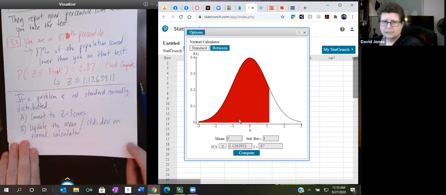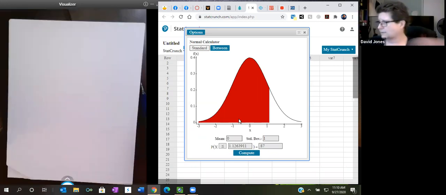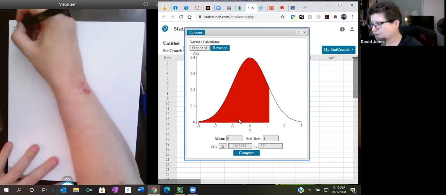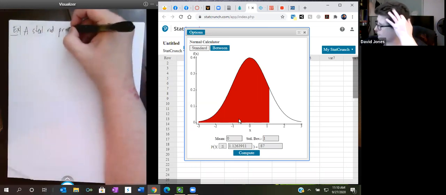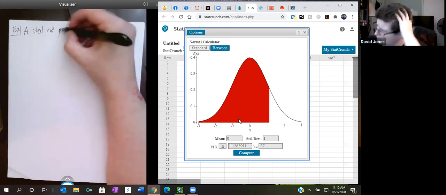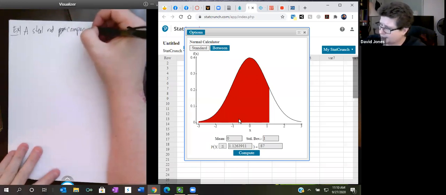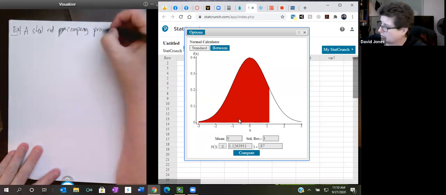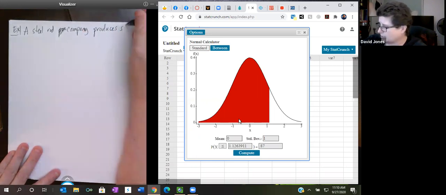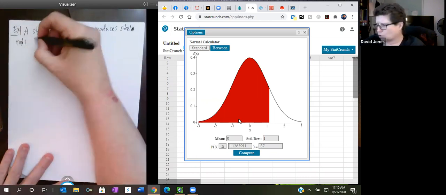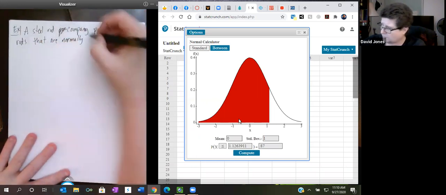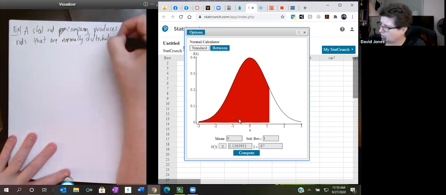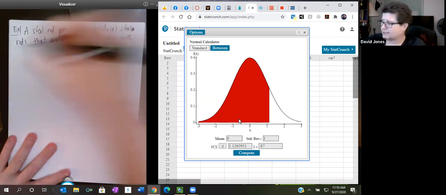Okay. So they might give you something like this. A steel rod company produces steel rods that are normally distributed with a mean length of 100 centimeters.